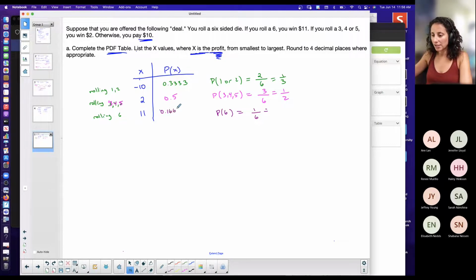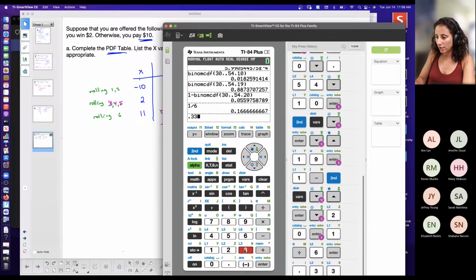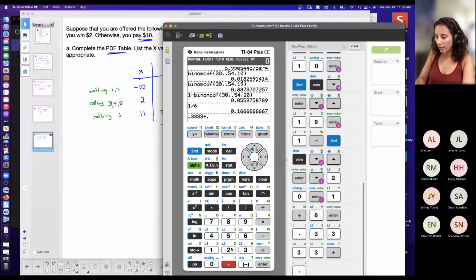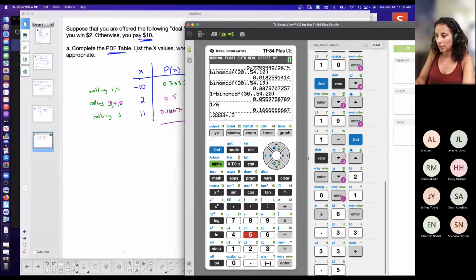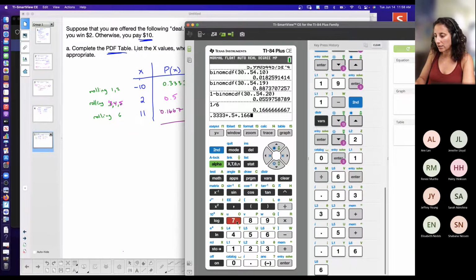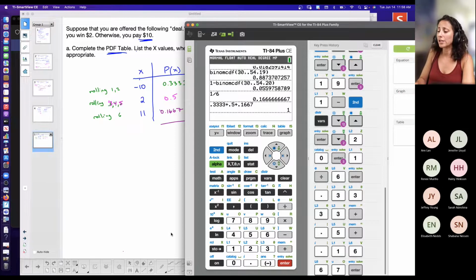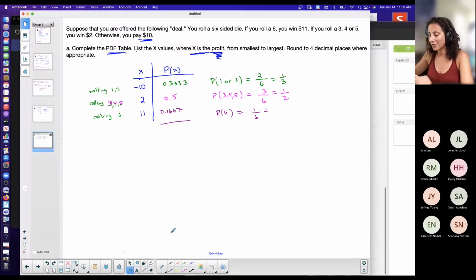0.1667. And notice that the sum of these is your quick check to make sure you did your table right. 2 plus 3 plus 1 is a total of 6 over 6. Or if I add up 0.33333 plus 0.5, which I'm getting from this column, and then this one, plus 0.1667, I should get 1 or very, very close, like 0.99 or something.